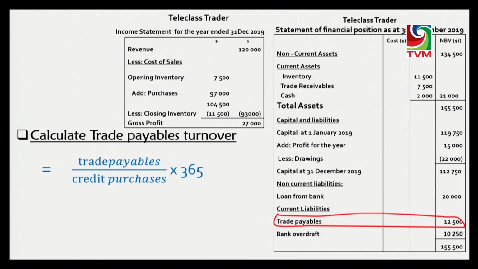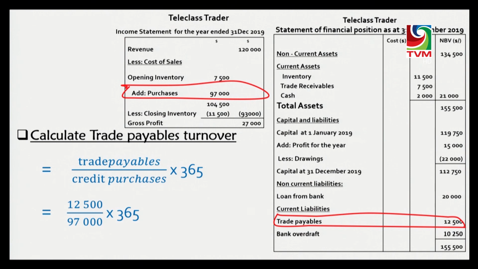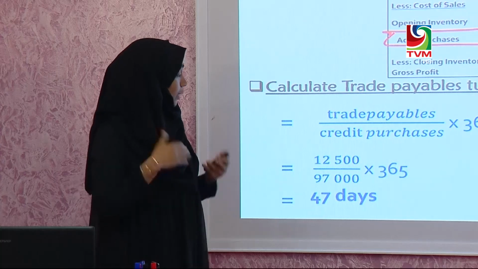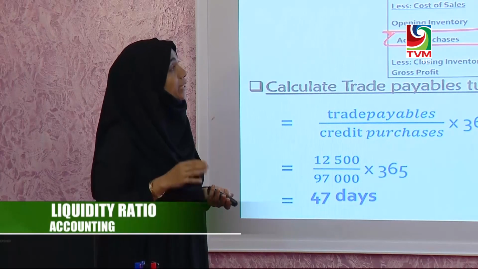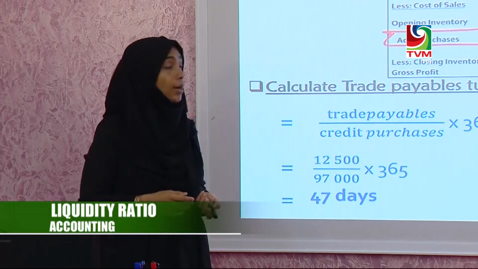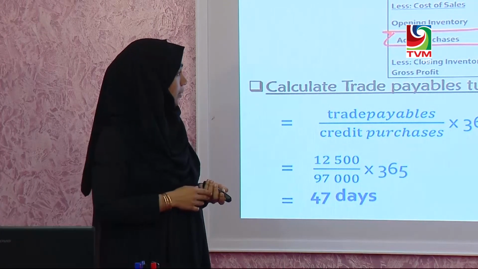In this business, trade payable amount is 12,500 and their purchase figure is 97,000. 12,500 divided by 97,000 times 365 is equal to 47 days, which means that on average the business is taking 47 days to pay their money to the trade payables.